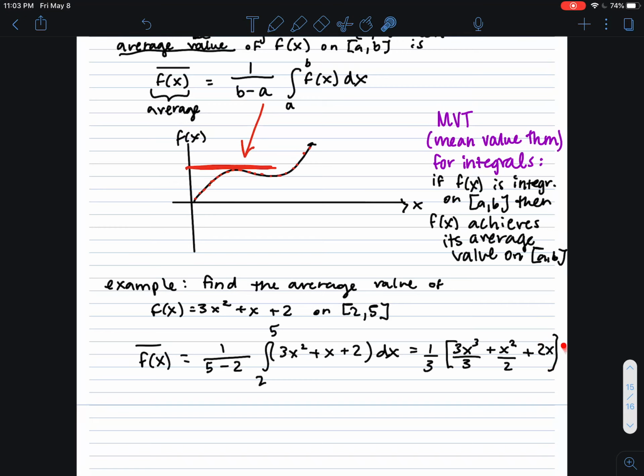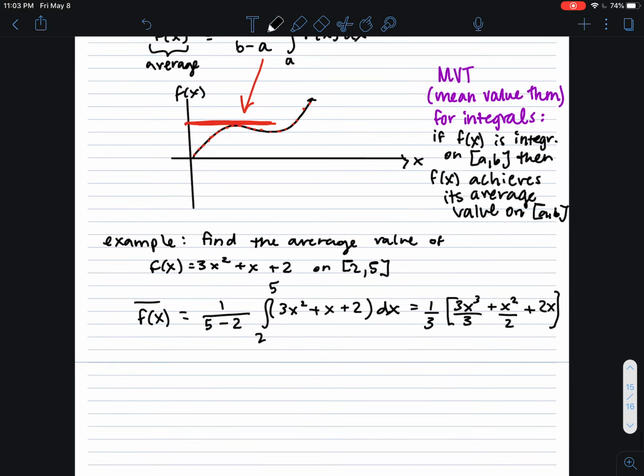If you can't keep up with this integration here, you should probably go practice section 5.3 in the online homework just to get more familiar with calculating definite integrals. So that's a good hint. And we're evaluating it from 2 to 5.